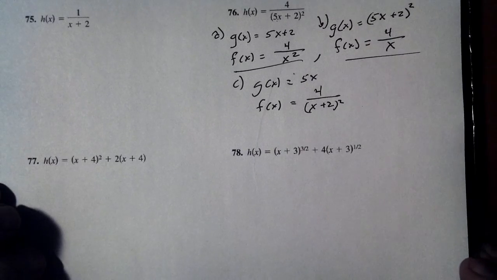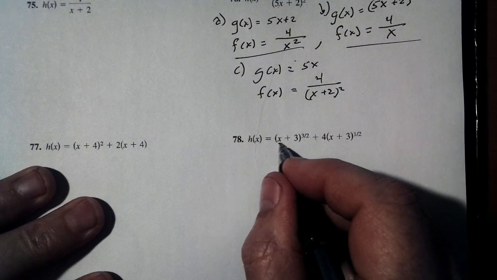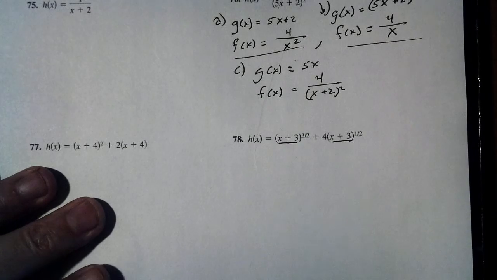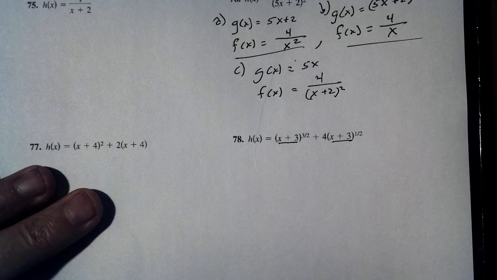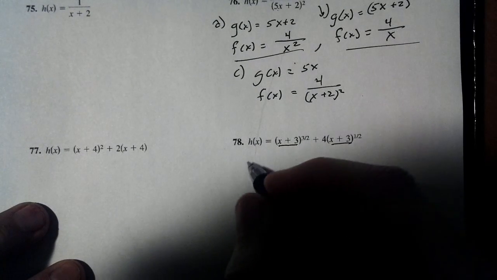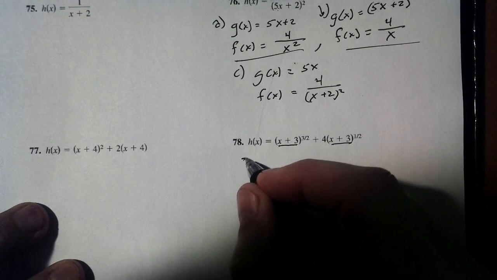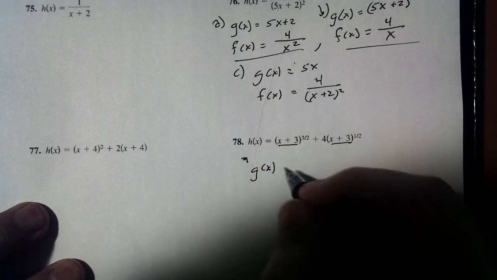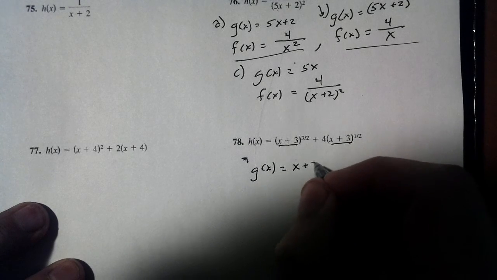And sneaky here, the key to this, I would not know how to do this if these weren't a match. And you'll see in 77 you can use this as a model. I'm going to have g of x take the thing and add 3.